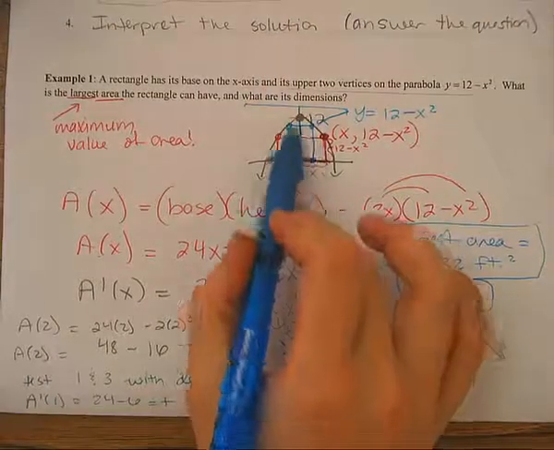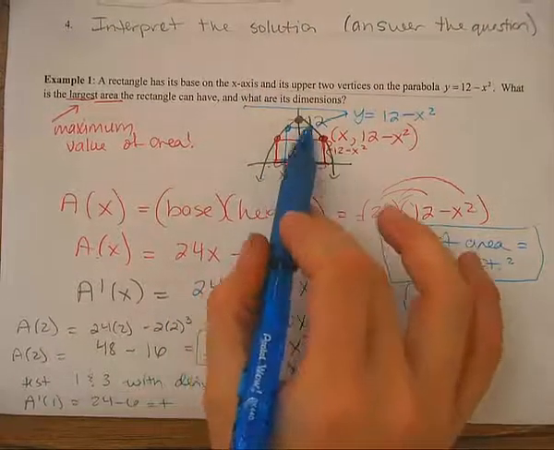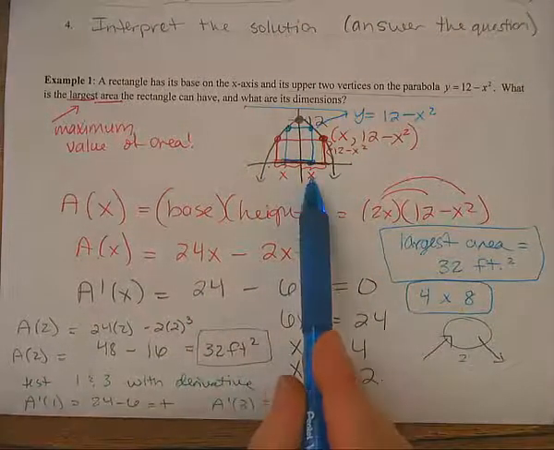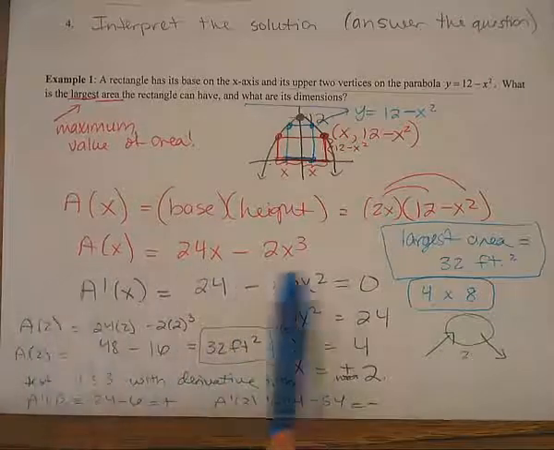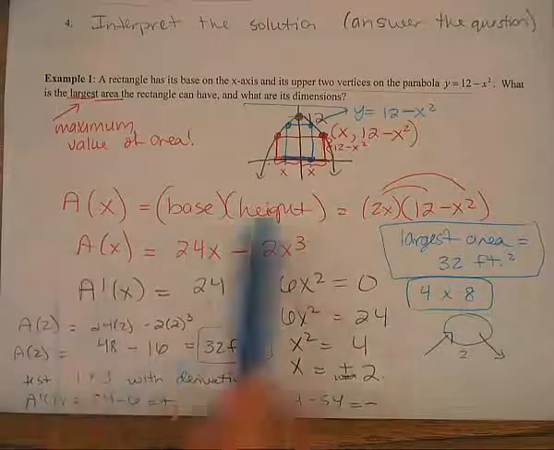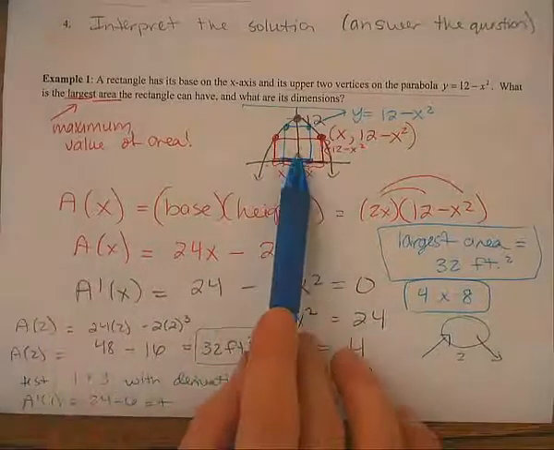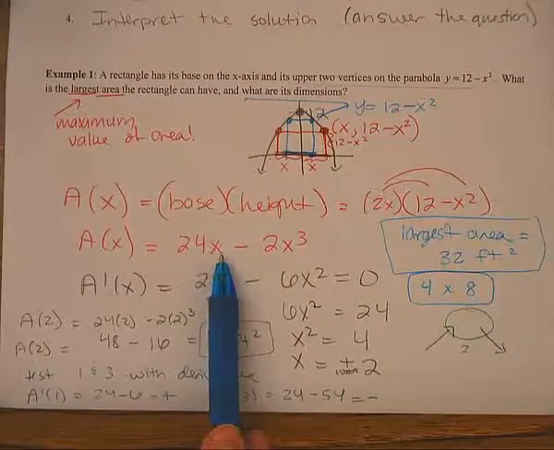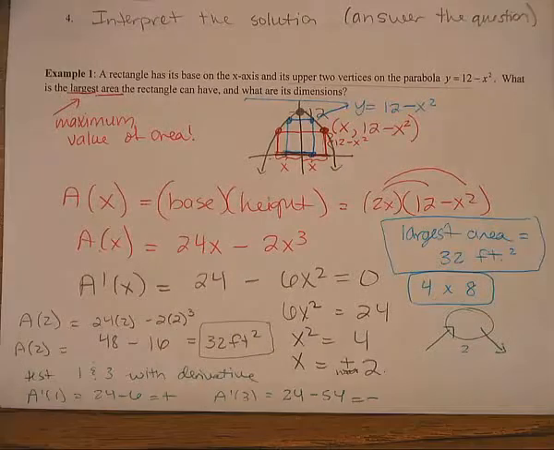So you could have a rectangle that looks like that, and your rectangle will change size and shape and area depending on the value of x. And so that was the meaning of this function here, the area of whatever rectangle you get depending on whatever x value you choose. Okay, so let's move on to the next example.